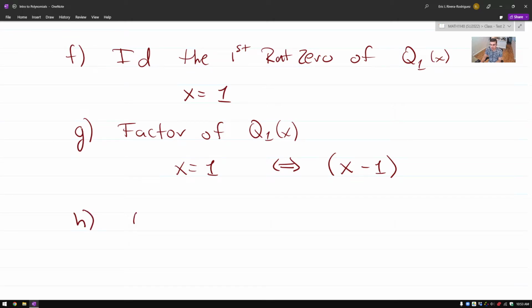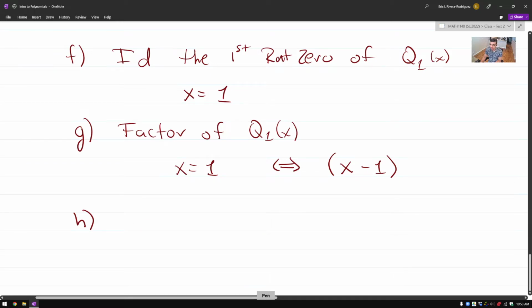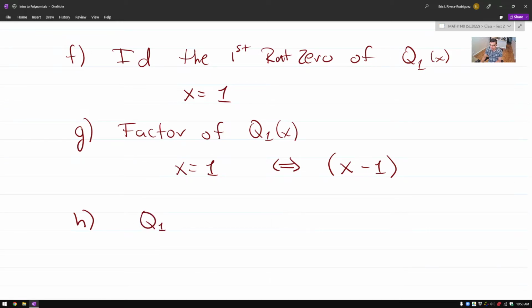So what we are going to do is divide Q sub 1 of x by x minus 1, and what we are looking for is the next quotient. See that now I'm using Q sub 2, because now we are going to find another quotient.